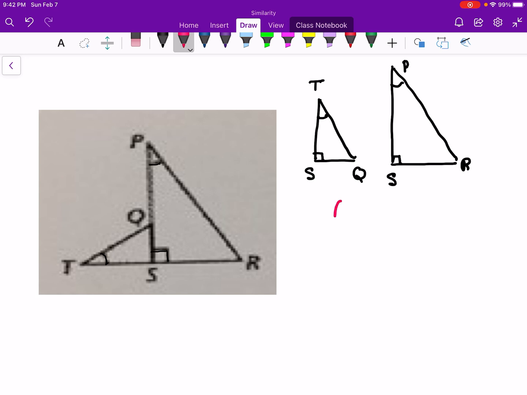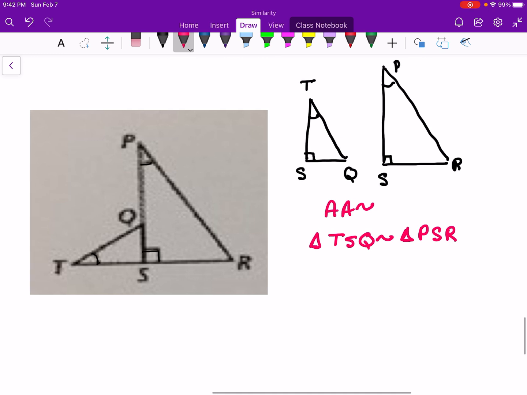So by the AA similarity postulate, the 2 triangles are similar. The 2 names are triangle TSQ, and that is similar to triangle, all right, P matches with T because they're congruent. S and S are congruent, and so the other one is R, so PSR. And because, again, we do not know the lengths of the sides, we cannot calculate that similarity ratio.